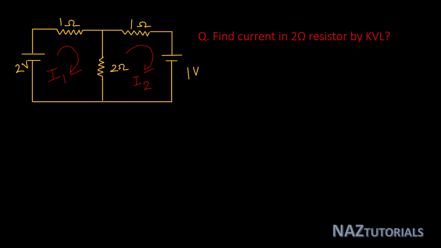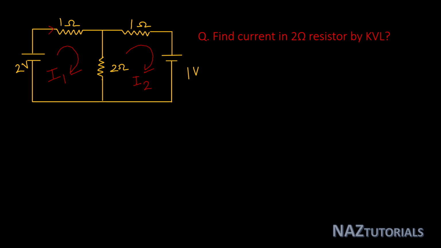So for applying KVL, we first analyze the current in each individual loop, that is I1 and I2. Then we define polarity in each circuit element.